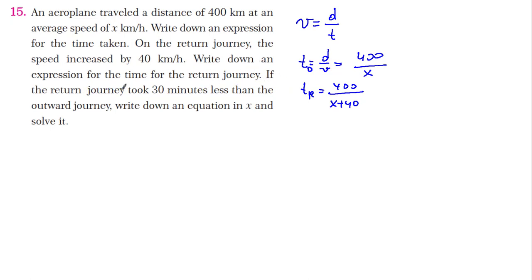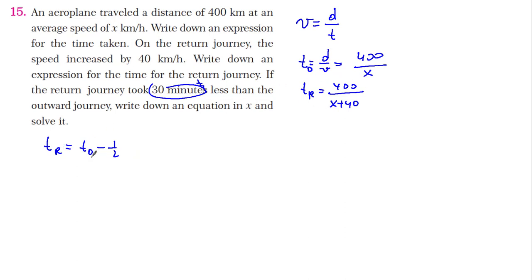If the return journey took 30 minutes less, now of course we cannot use minutes, we will use half hour. That means the time it took to return is the time it went outward minus 1 over 2. Then write an equation in x and solve it.